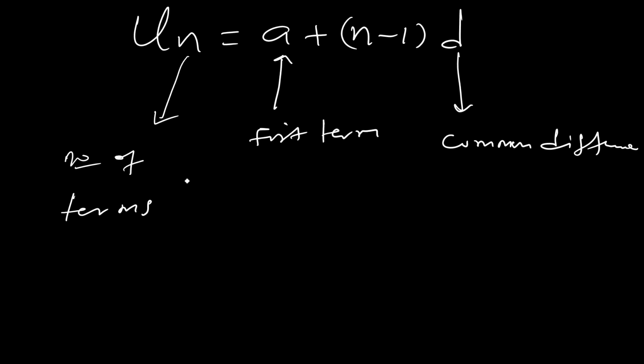So in case we're given a sequence and asked to find a specific term, just substitute n. If you are asked to find the 10th term, that will be U10, and this side will be 9. If this side is 10, this side will be 9. For U20, this side will be 19, in that order. So that's that.